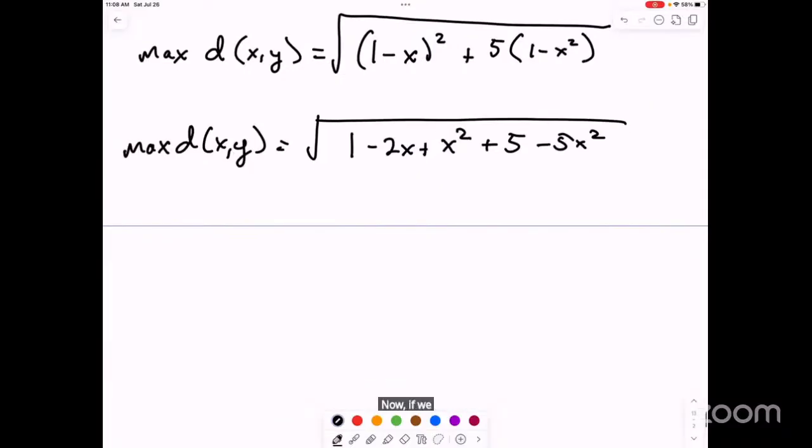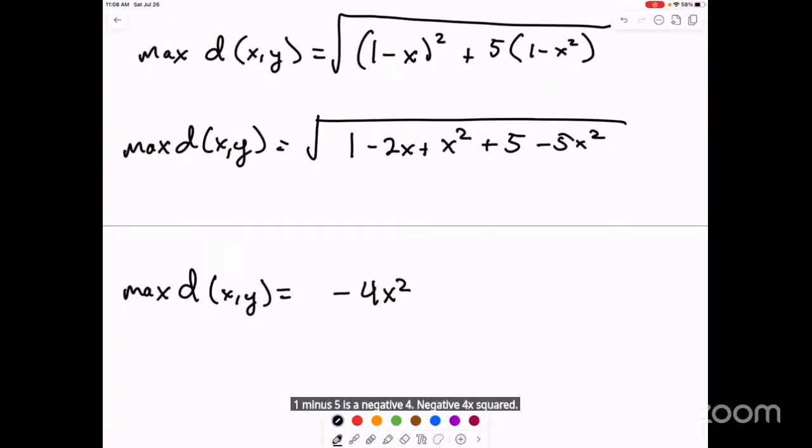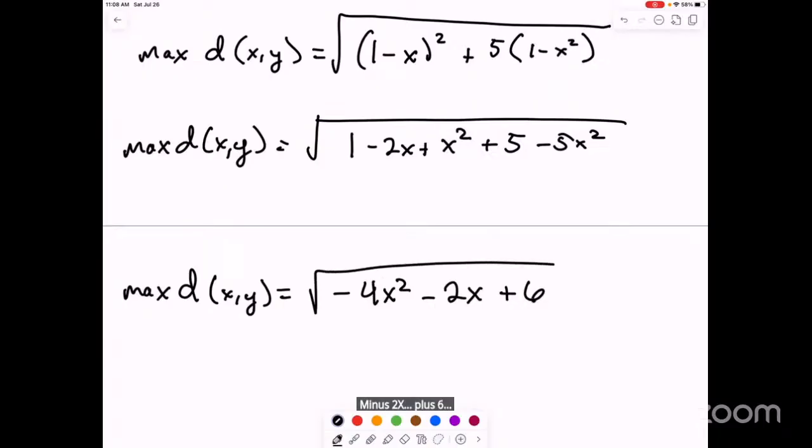Now if we combine like terms, 1 minus 5 is a negative 4. Negative 4x squared minus 2x plus 6. So can this be factored? We could factor out a 2 from everything.